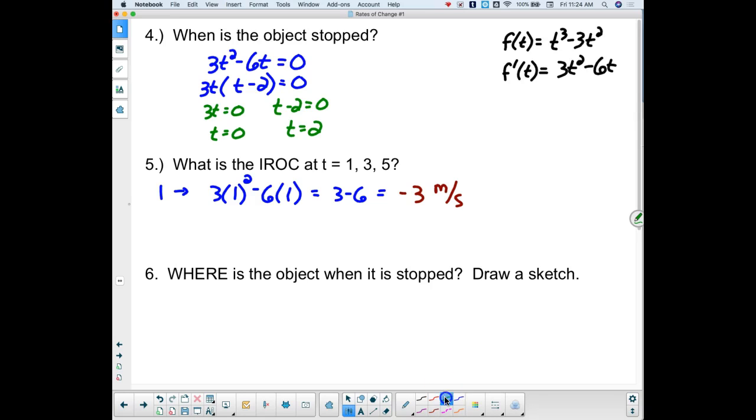What's the IROC at 1, 3, and 5? So at 1, it's 3 times 1 squared minus 6 times 1, which is 3 minus 6, so -3 meters per second. And at 3, it's 3 times 3 squared minus 6 times 3, so 27 minus 18, that's 9.